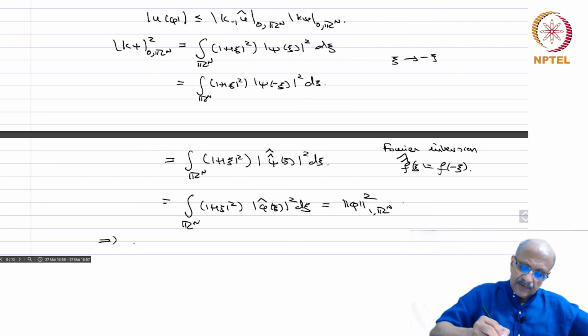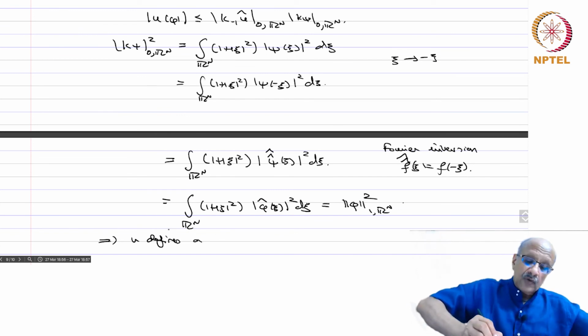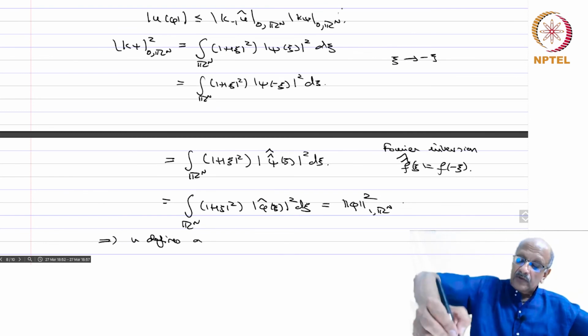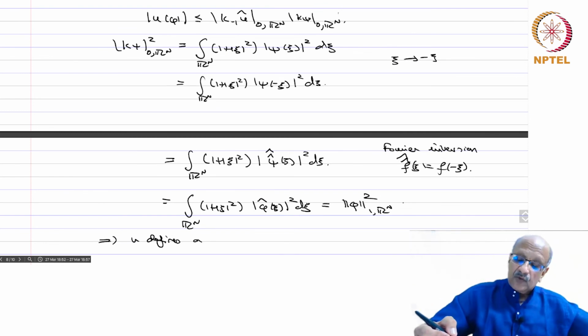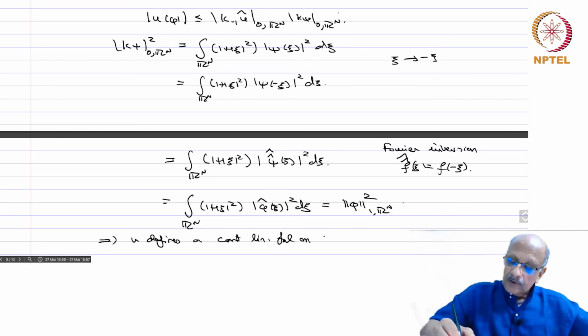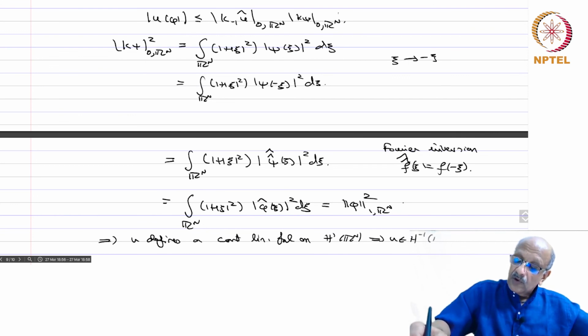So this implies that u defines a continuous linear functional on H¹(Rⁿ): you have this one is a constant and this one is less than or equal to a constant times the norm of φ in H¹(Rⁿ), and therefore u belongs to H^(-1)(Rⁿ).